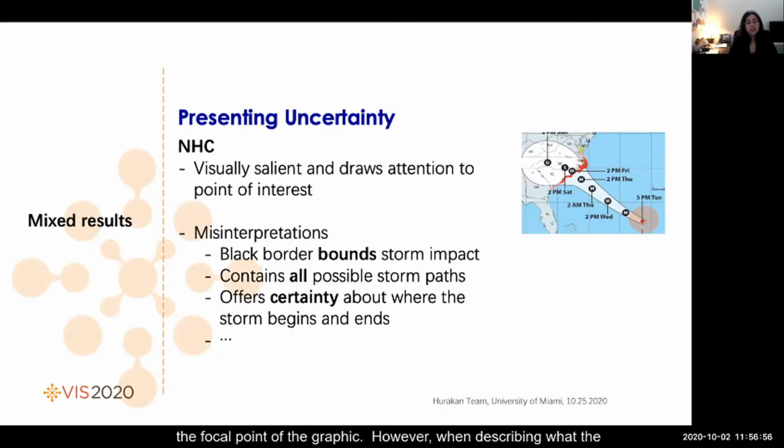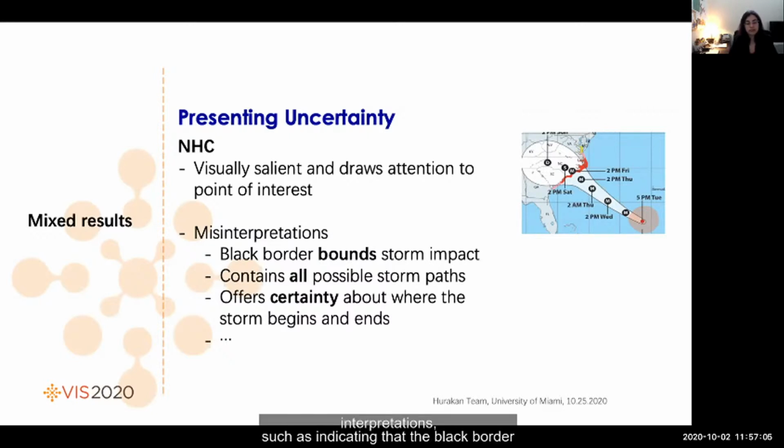However, when describing what the NHC cone conveys, of the participants that provided interpretations, all that did provided erroneous interpretations, such as indicating that the black border bounds the impact of the storm, contains all possible storm paths, and offers certainty about where the storm begins and ends. Although the cone design was the top reason for participants' first choice of the NHC graphic, to a lesser extent, the cone design was also important for those who selected redesign A and B.